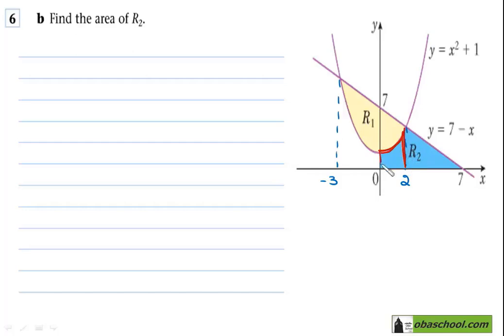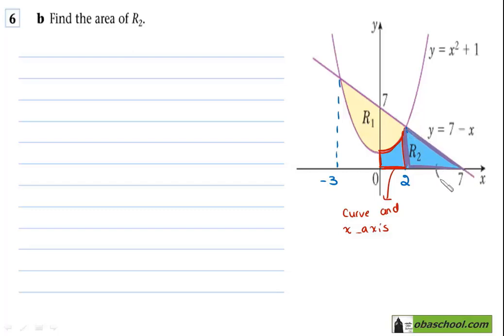So, this is the first part of the area. Here we have the curve and the x-axis. Now, we have another area. It is here. We have the straight line, which is this, and we have the x-axis. It looks like a triangle.